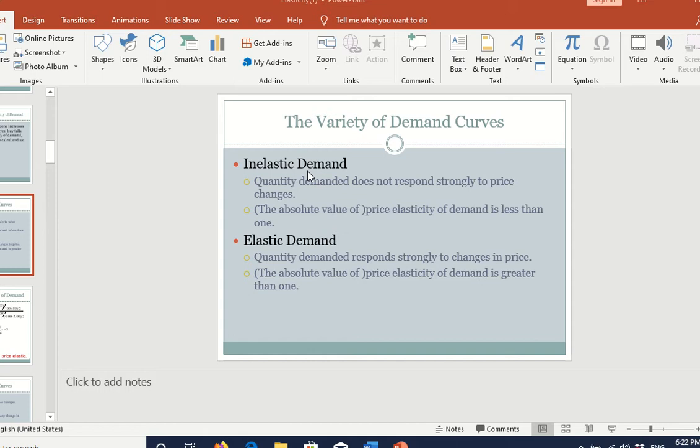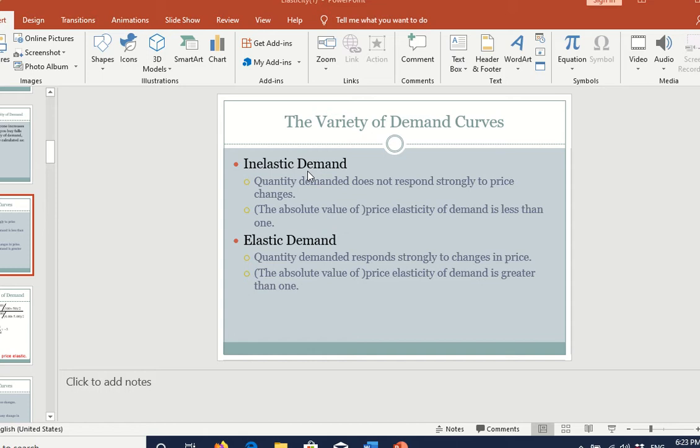The opposite is elastic demand. So loosely speaking, when we don't have numbers or calculation, what that means is quantity demanded responds strongly to changes in price. Okay? So a certain change in price leads to a large change in the quantity demanded.